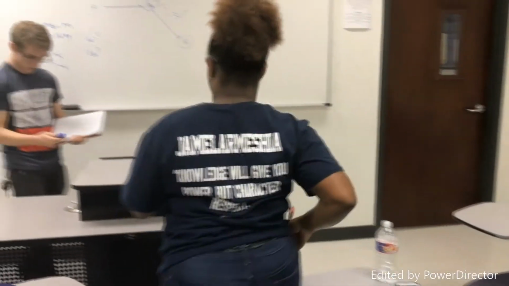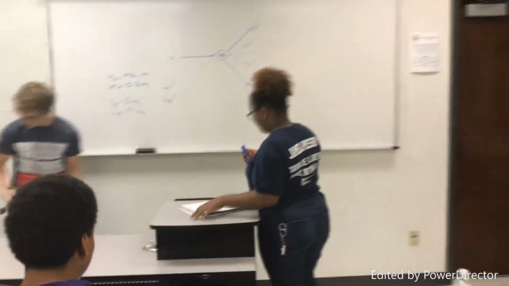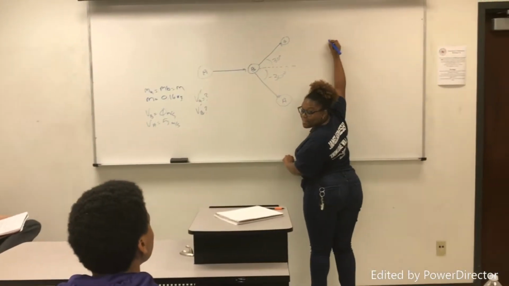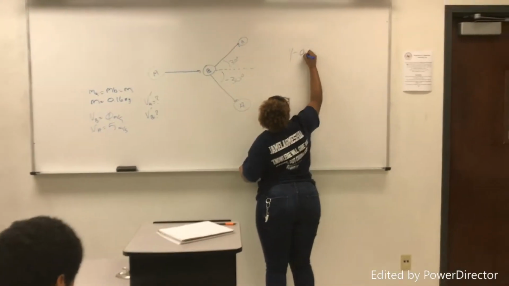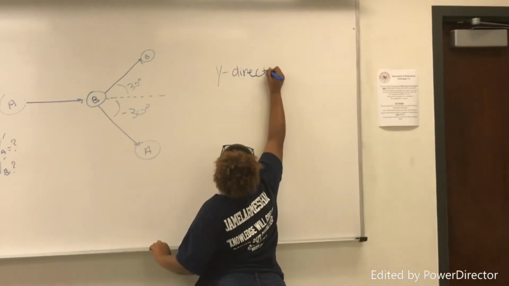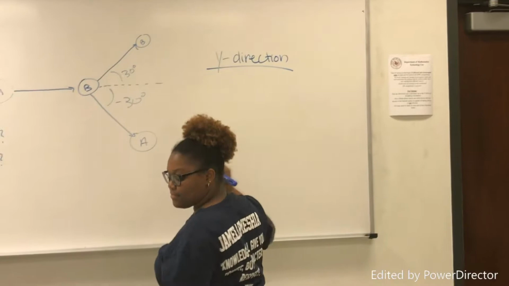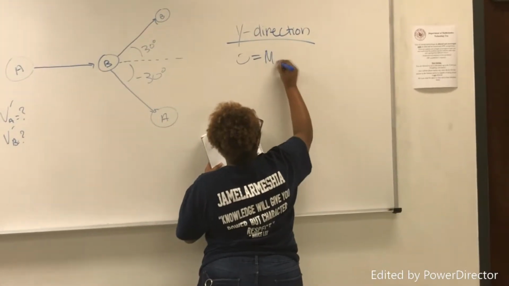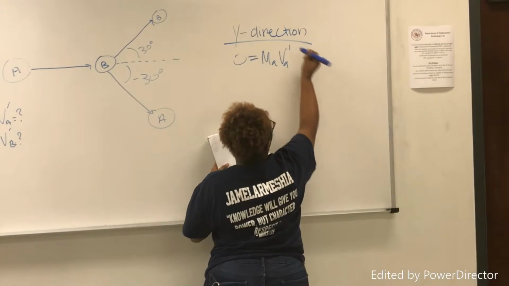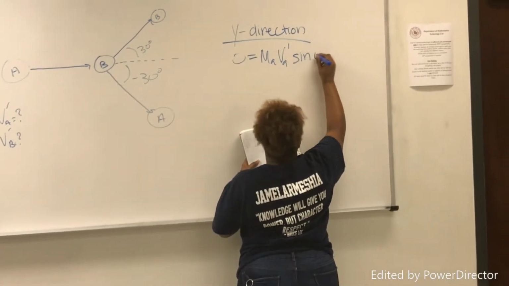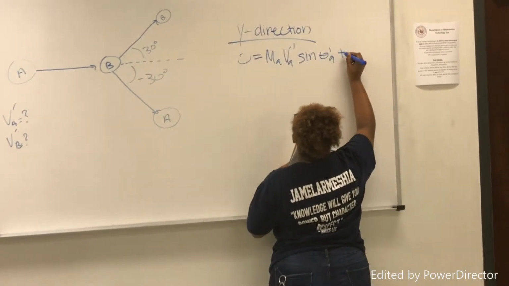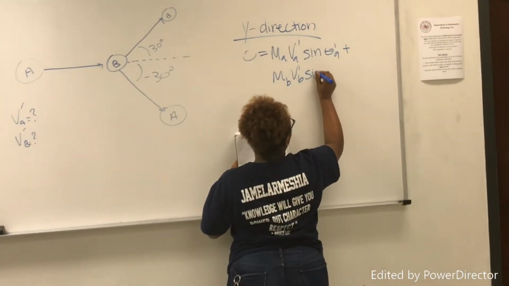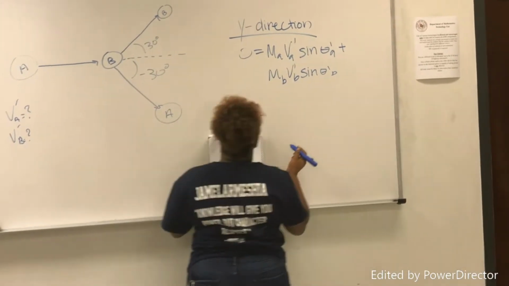Would anyone like to come up and start us off? Well, let's go. Here you go. So, in the y direction, zero equals mass A times velocity prime of A sine theta prime A plus mass of B velocity prime B sine theta prime B. Why is that 0?